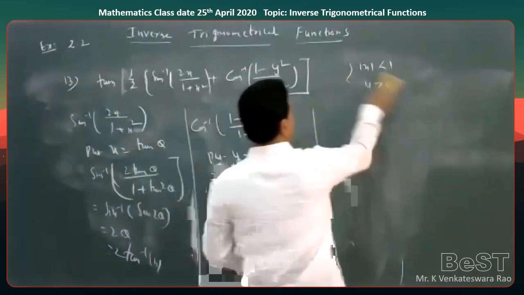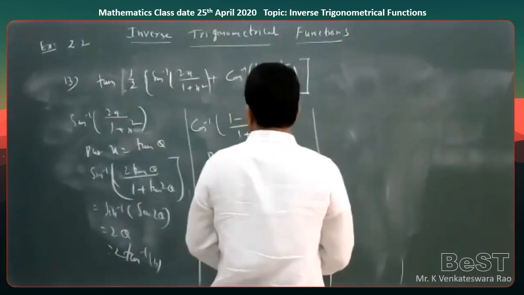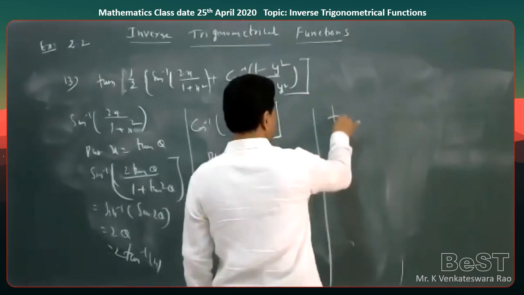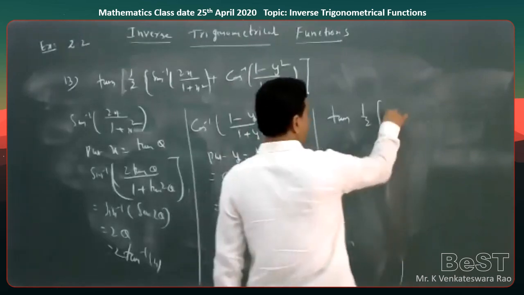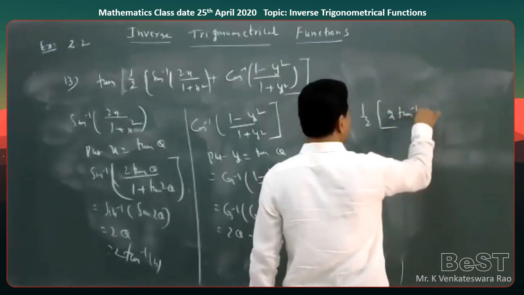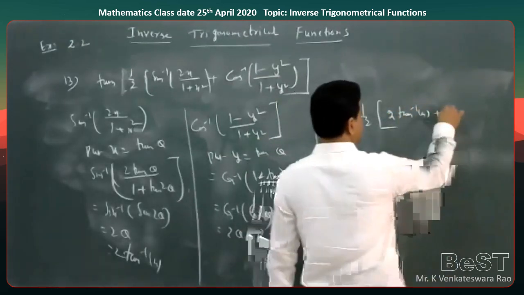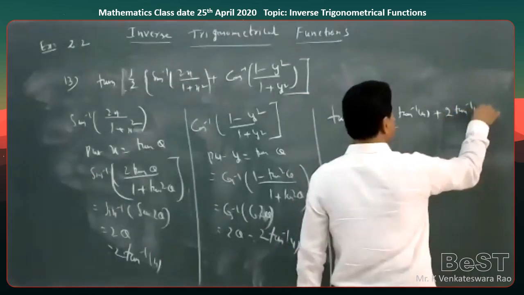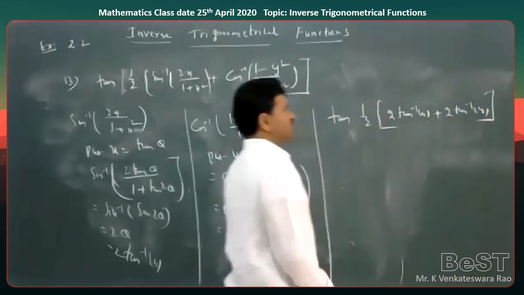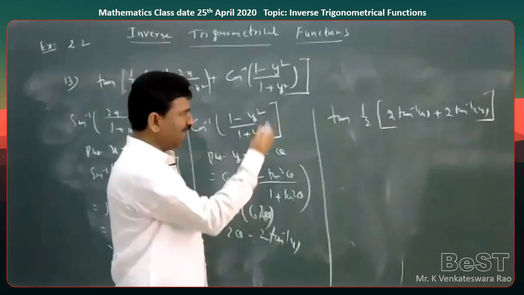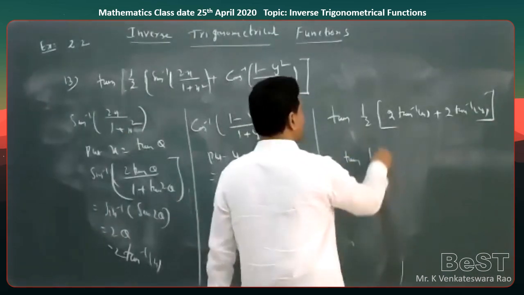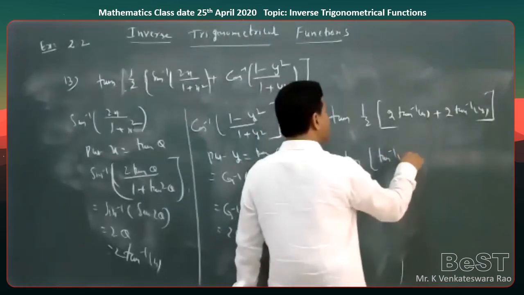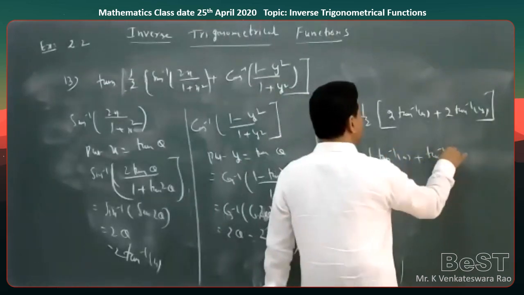Now take the original function. So we require tan of 1 by 2 into (2 tan inverse of x plus 2 tan inverse of y plus 2 tan inverse of y). Taking 2 common, cancel it. This is tan of (tan inverse of x plus tan inverse of y).